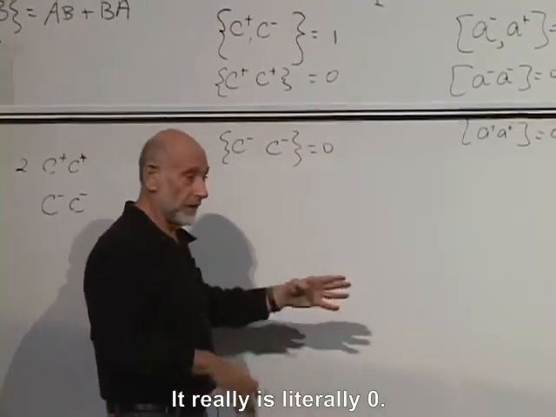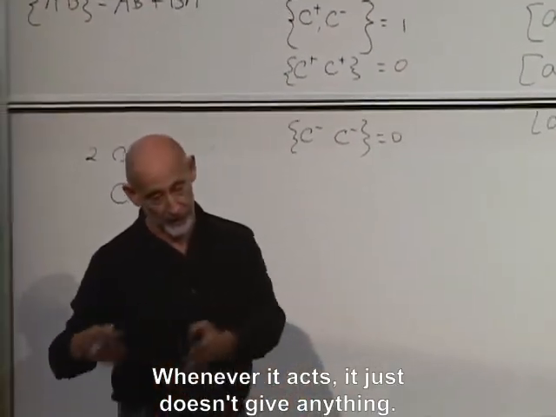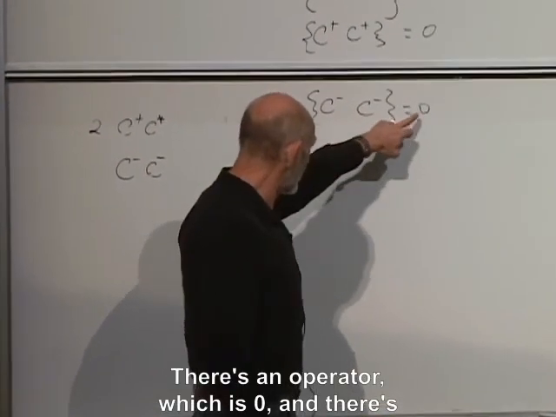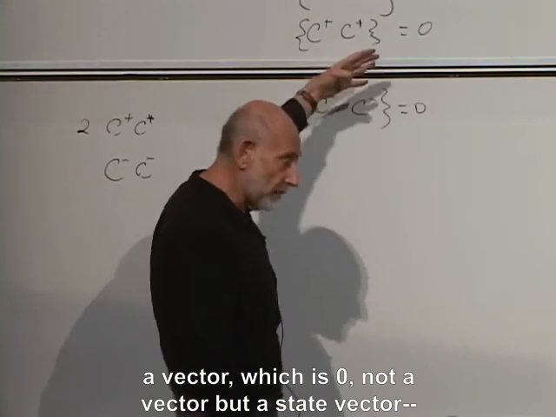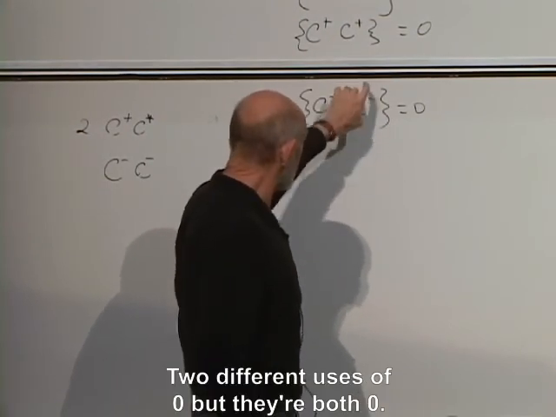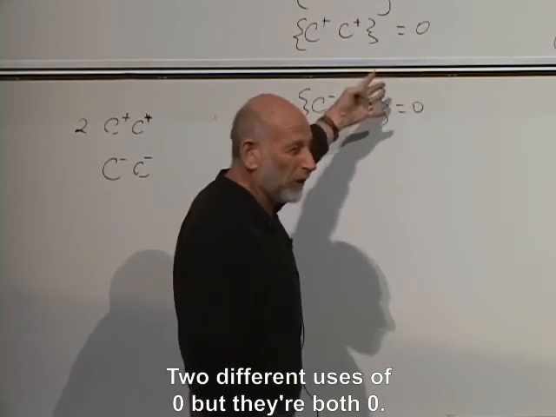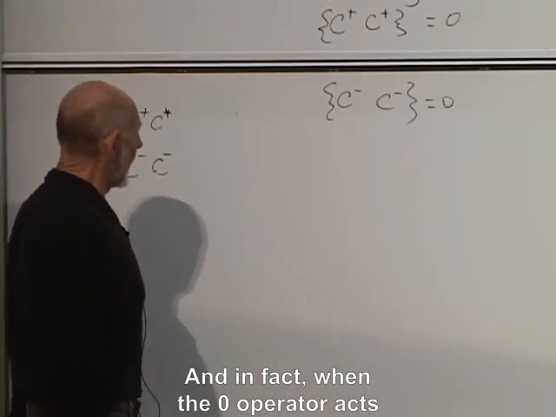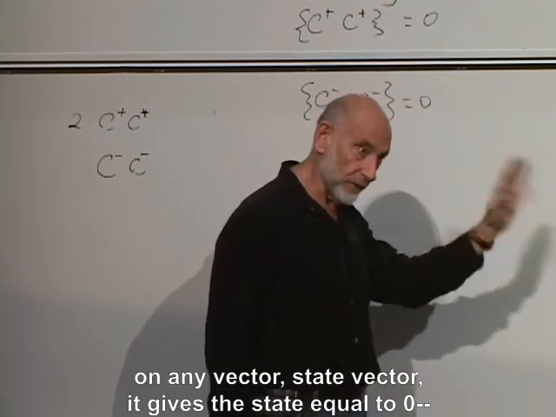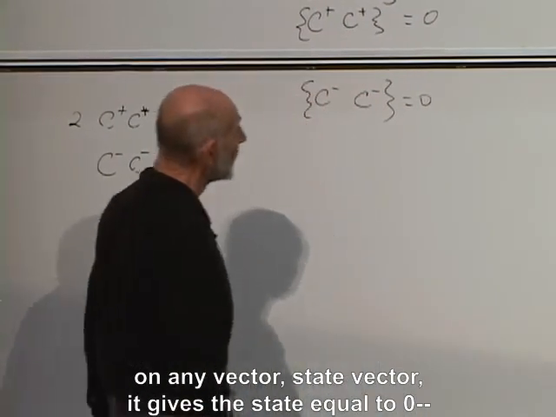It really is literally 0. Whenever it acts, it just doesn't give anything. There's an operator which is 0, and there's a state vector which is 0. Two different uses of 0, but they're both 0. And when the 0 operator acts on any state vector, it gives the 0 vector.